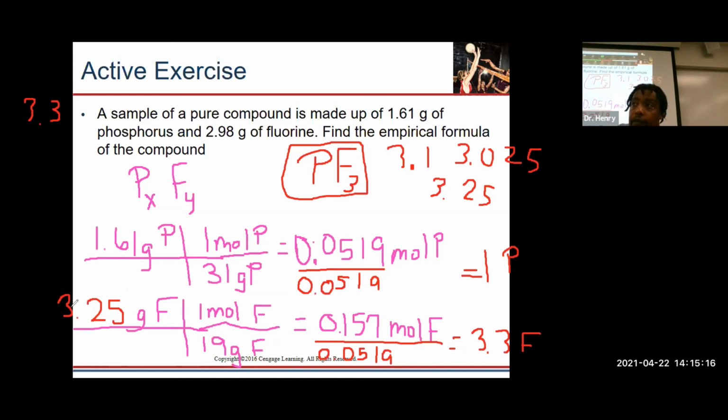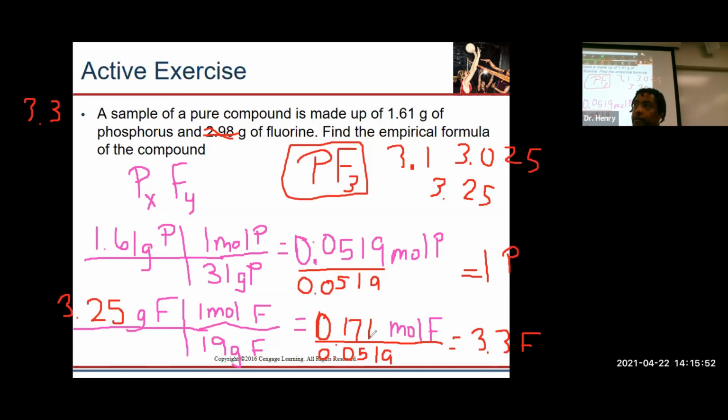Okay, so if this number was 3.25, instead of this value, you end up with 0.1771.